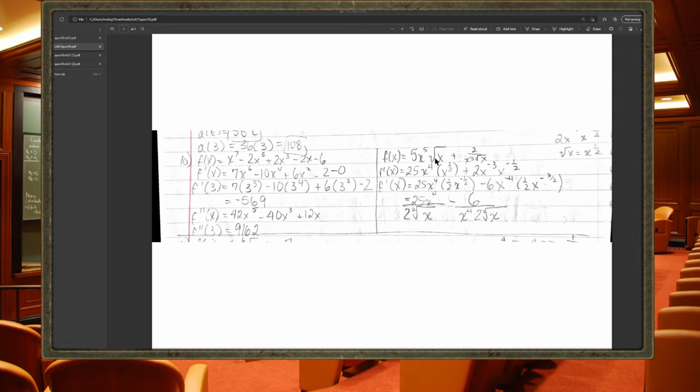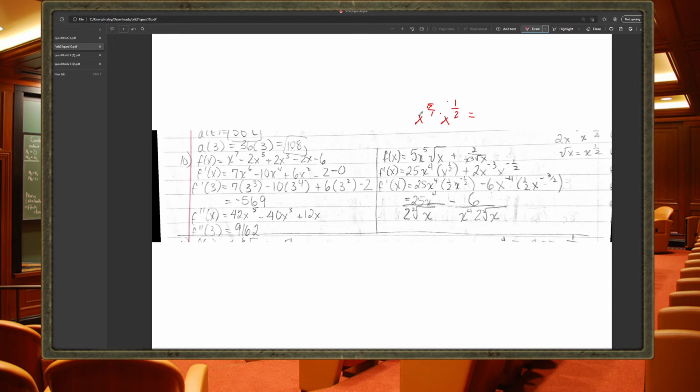So for this, what I would do, instead of using the product rule, is ask: is there a way to write this using power functions instead of keeping them split? Can you rewrite this as, well, this is x to the fifth, right? Or fifth over 1. That's a 5 times x to the 1/2. And what's one way to write this as a single function?